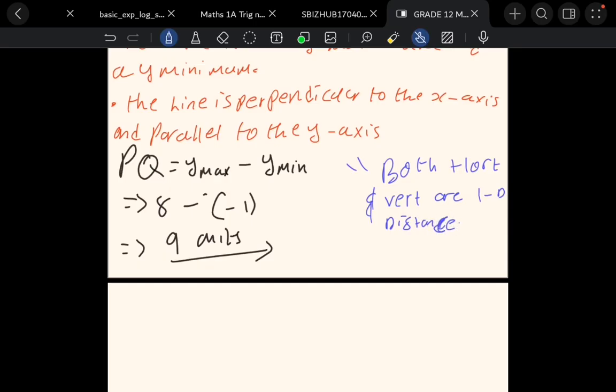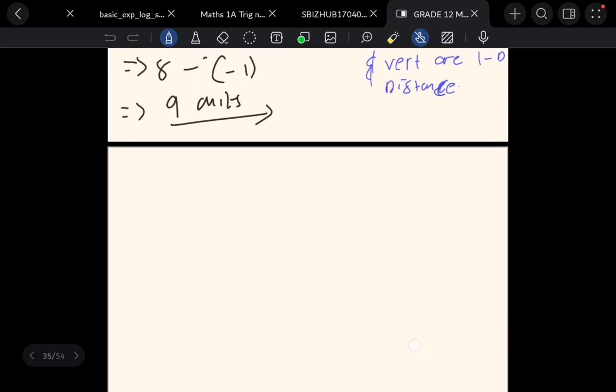Why do we call them 1D distances? To calculate that distance, we only use one coordinate, which is the y or the x. That's why we call them 1D distances. Now let's just look at the oblique, or at an angle distance.